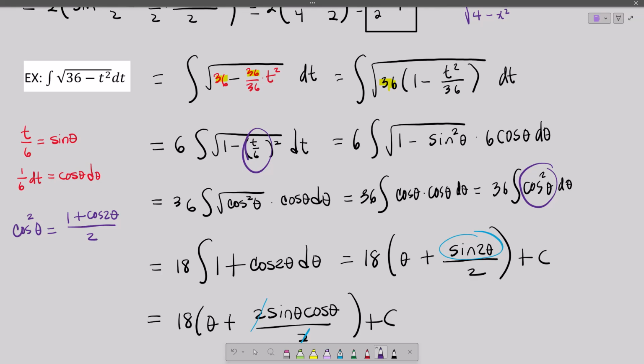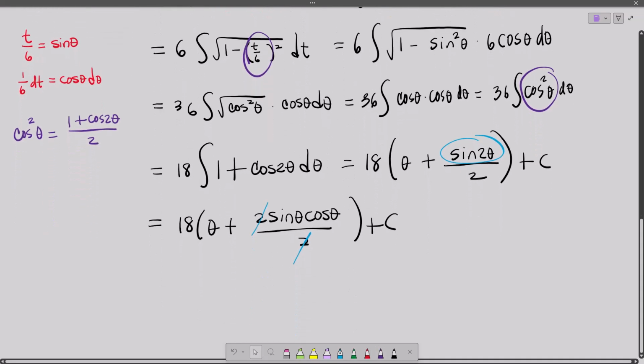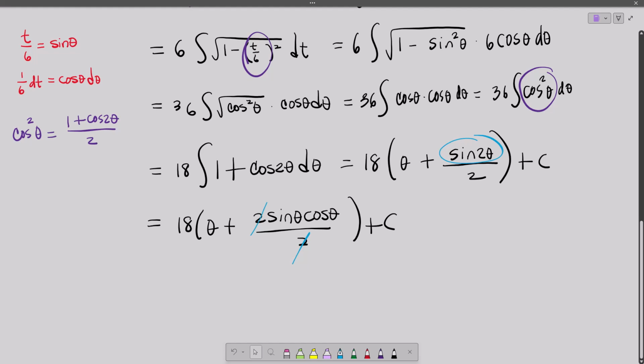All right, so then we have to create the triangle, our magic triangle. We always draw it like it's in quadrant 1, and we look at our substitution step. That tells us two sides. We always put the theta in the bottom left, just like it's in quadrant 1.